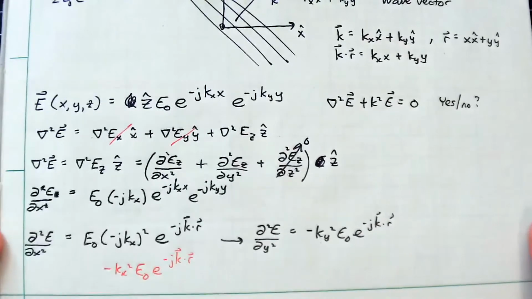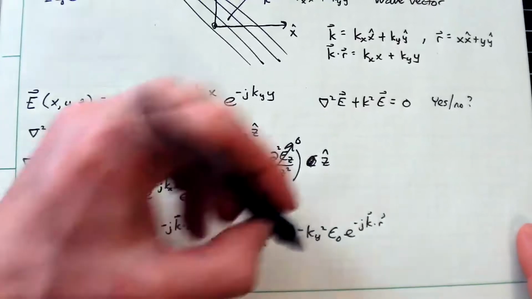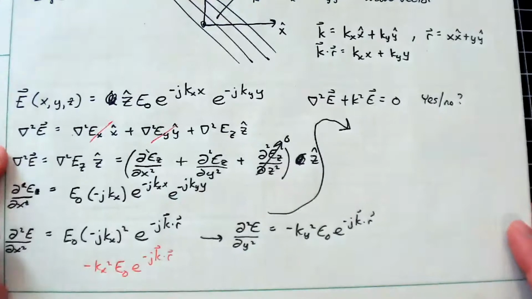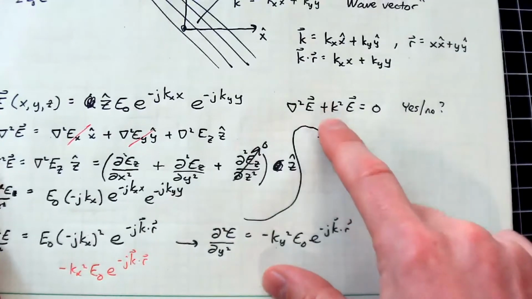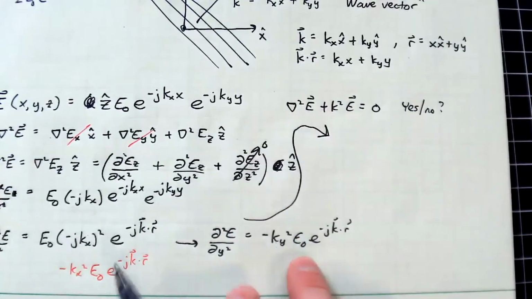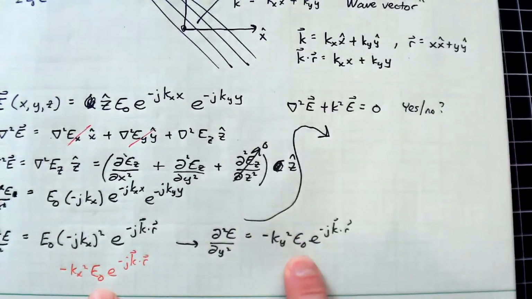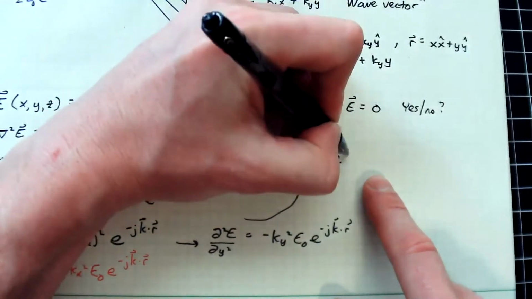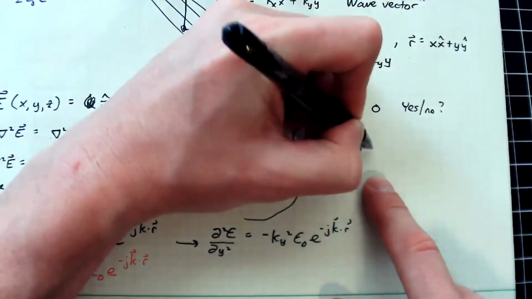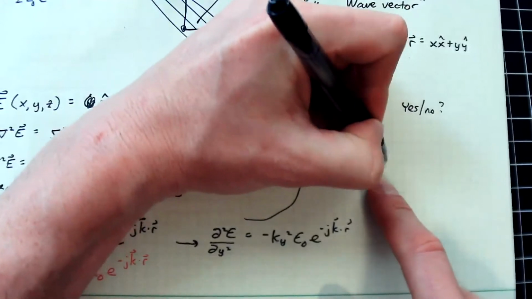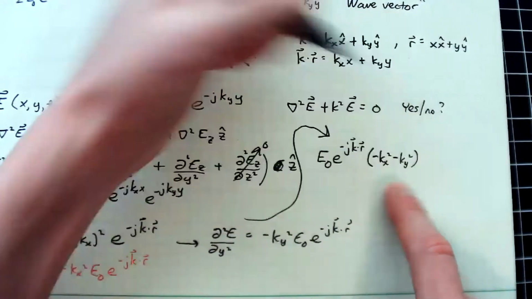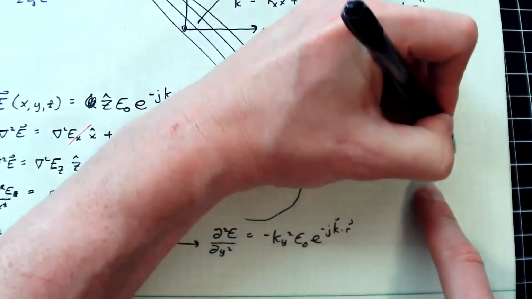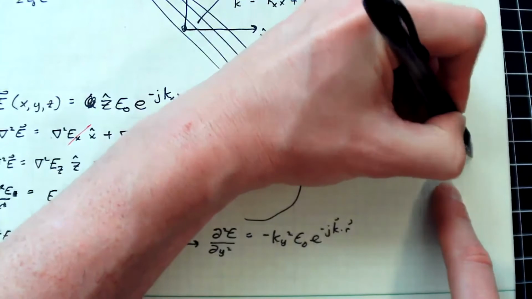Okay, I'm running out of space, so I'm going to bring us back up to here, because we're back at the Helmholtz equation. That del squared is going to be the summation of these two terms. So we'll get E naught e to the minus j k dot r, and there was a minus kx squared minus ky squared that came out of the del squared, plus k squared E is equal to 0.